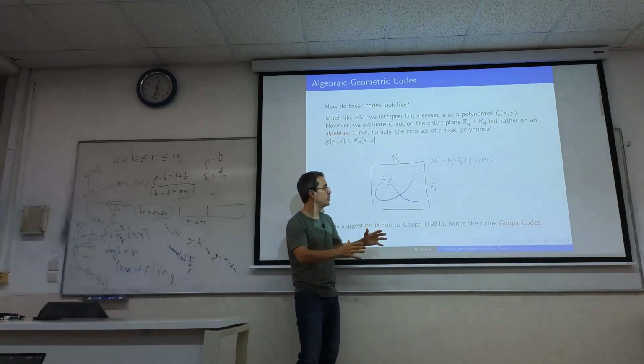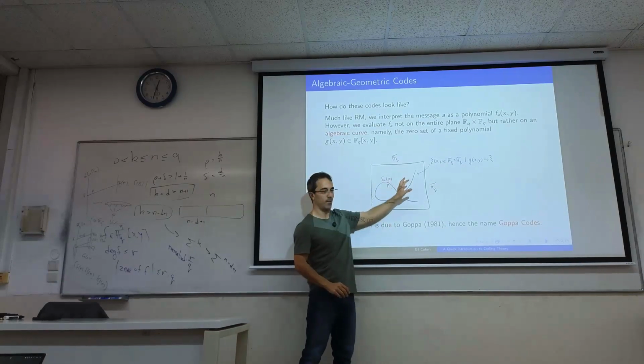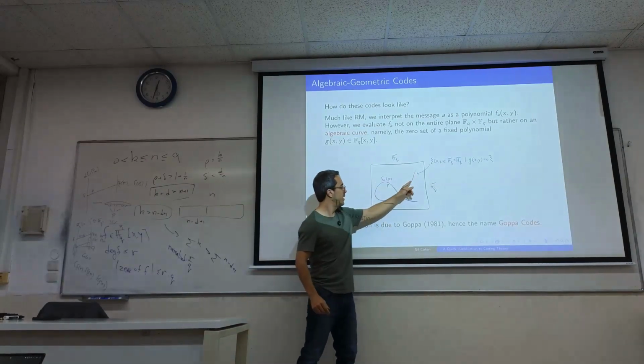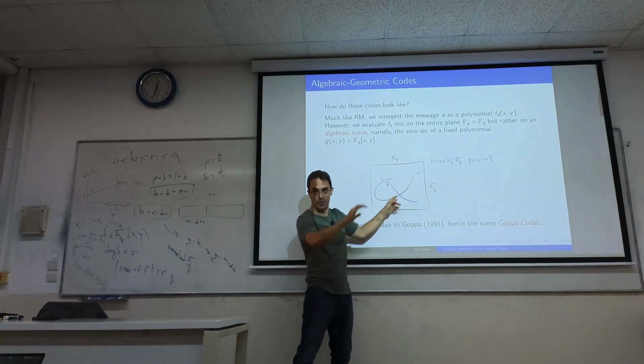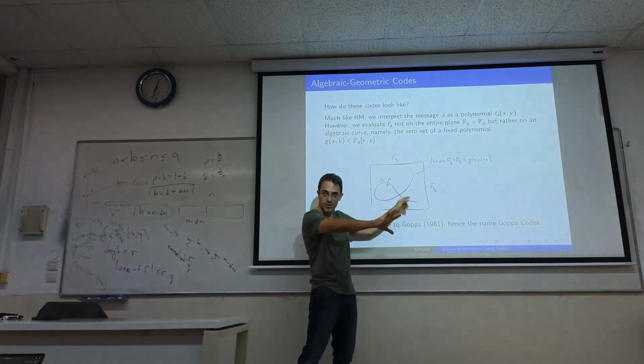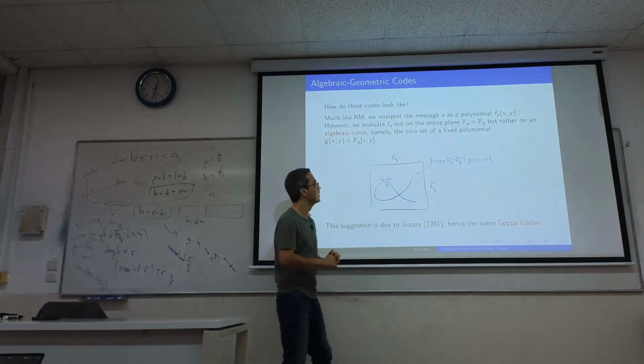Right, so now the code description would be, you're not going to evaluate some polynomial coming from the message on the entire plane, but rather on an algebraic curve, namely the zero set of a polynomial which is independent of the message, a fixed, smartly chosen polynomial.